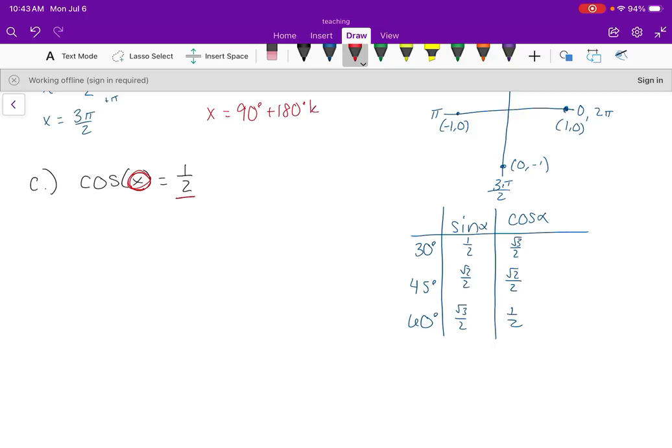So if I look here, I'm looking at cosine, I'm looking at 1/2. This happens at 60 degrees. So one of our answers here is 60 degrees, or in radians, that would be pi over 3. But we need to be careful here.